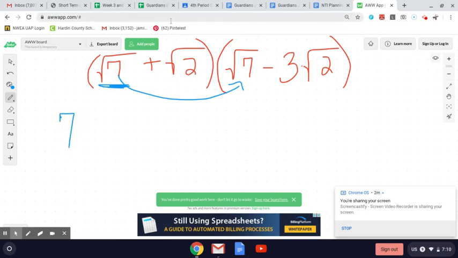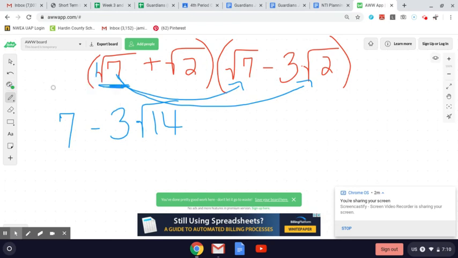And then we have square root of 7 times negative 3 radical 2. So you multiply what's inside the radicals and what's outside the radicals. Since this right here has a 1 outside, it's just negative 3 still in the front, because 1 times negative 3. And then radical 7 times radical 2, which is radical 14.